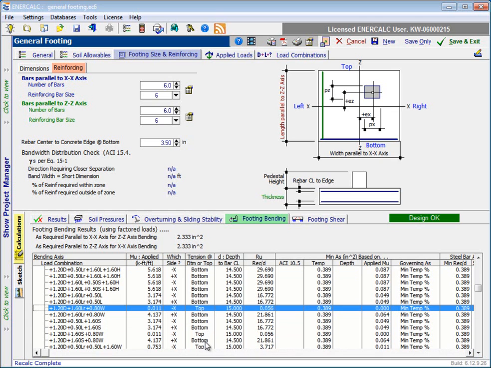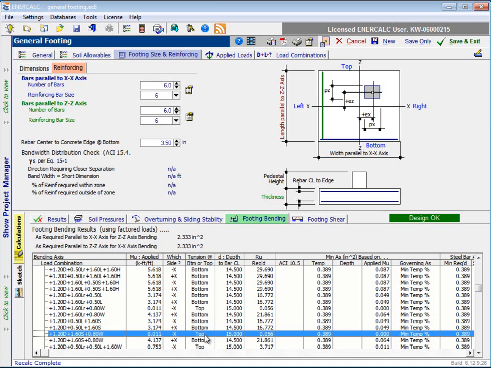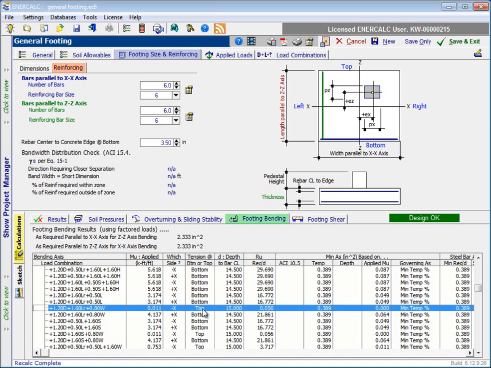If we only saw bottom tension everywhere for all of the loading conditions on the bending tab, then that would be a footing that would not require a top mat. But that's not the case for our example. This one definitely does call for reinforcing at the top, and you can rest assured that the proper moment is being evaluated here.